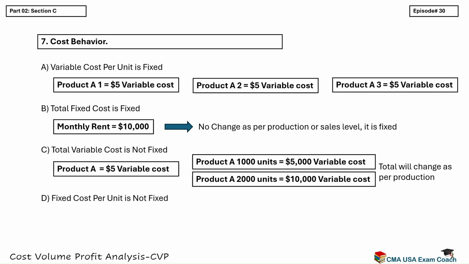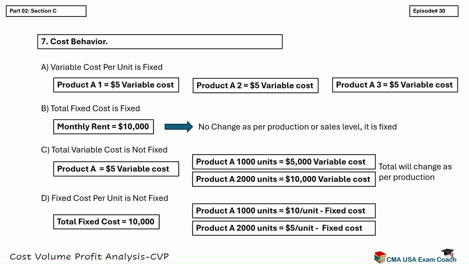Fourth, fixed cost per unit is not fixed. This assumption says that when we calculate fixed cost per unit, it changes with the number of units produced. Let's understand this with a simple example. If total fixed cost is $10,000 for 1,000 units, fixed cost per unit equals $10. For 2,000 units, fixed cost per unit equals $5. So, when production increases, the fixed cost per unit decreases.